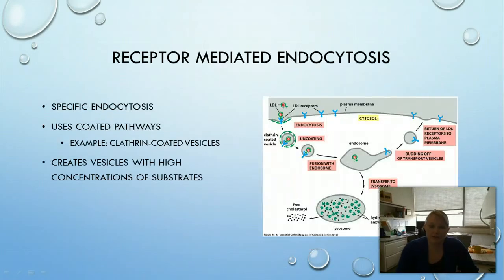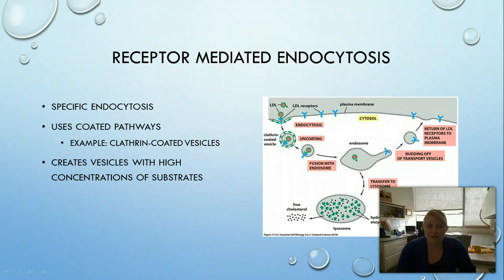And then we have receptor-mediated endocytosis. This is very specific. The other two are not specific at all. They will bring in either the big, large thing that they're looking at, or they're just going to bring in anything that's close to them through pinocytosis. In receptor-mediated endocytosis, we have receptors in clathrin-coated pits, like I talked about when we talked about vesicles.